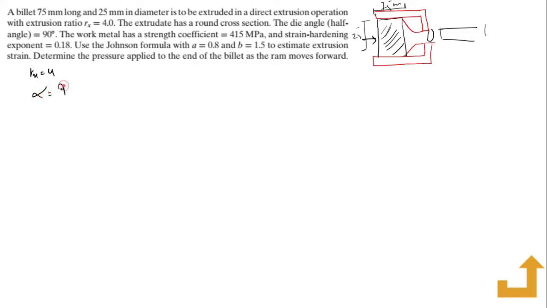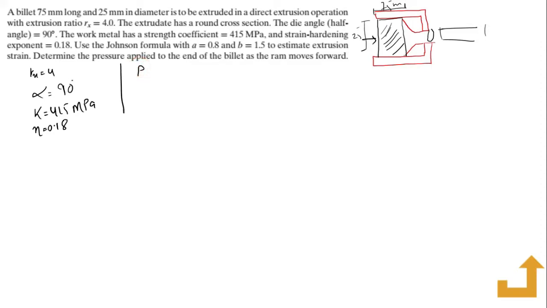The work metal has a strength coefficient equals to 415 megapascals, and the strain hardening exponent of 0.18. Use the Johnson's formula with A equals to 0.8 and B equals to 1.5 to estimate the extrusion strain. Now what it says, determine the pressure applied to the end of the billet as the ram moves forward. We have to identify the pressure that is being applied.